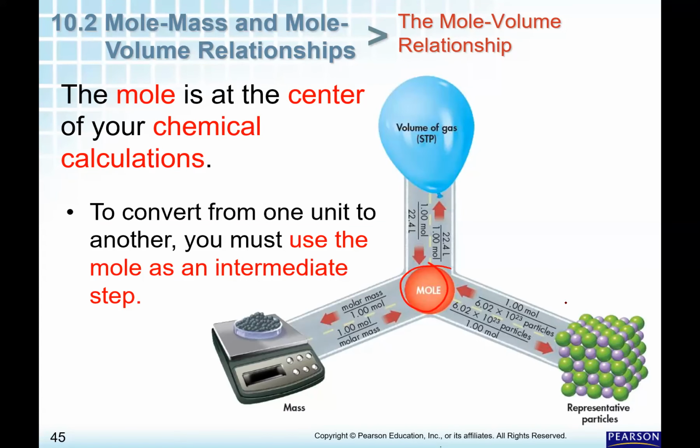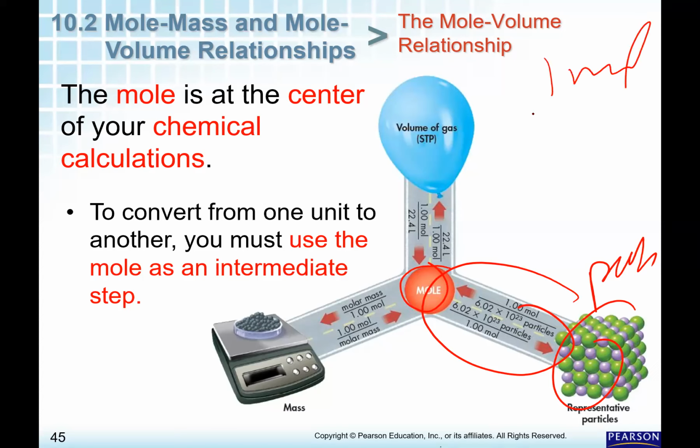You can go back and forth into number of particles as per what we have learned in section 1, which is 1 mole divided by Avogadro's number, or Avogadro's number divided by 1 mole. Back and forth between moles and particles.